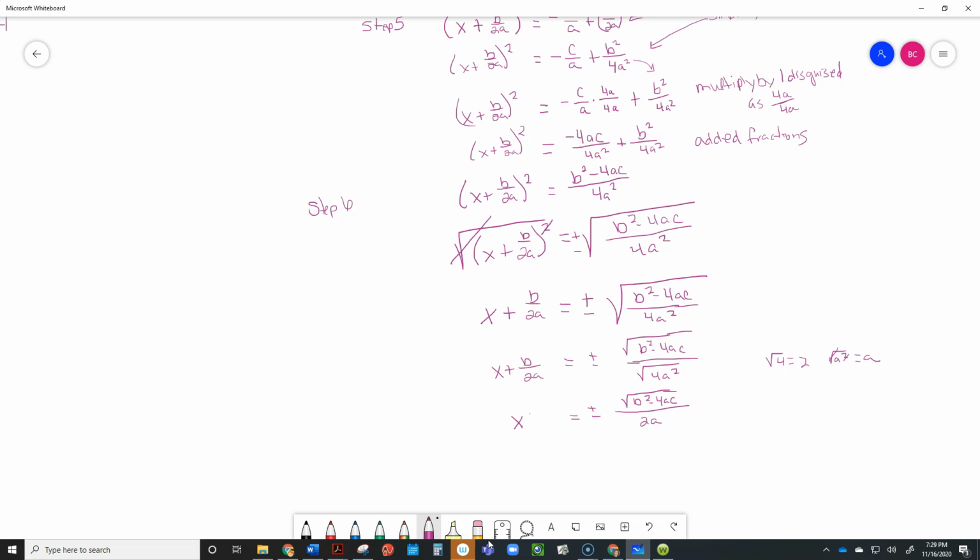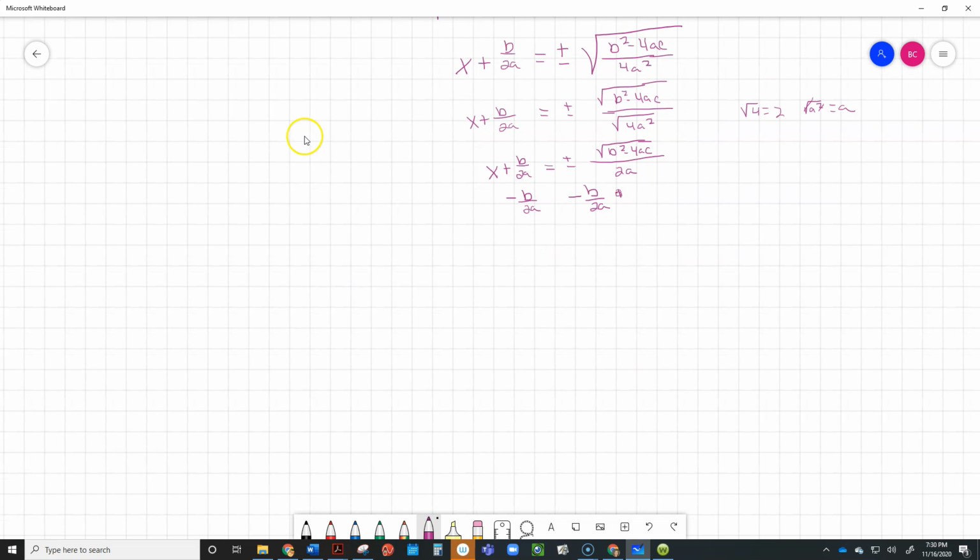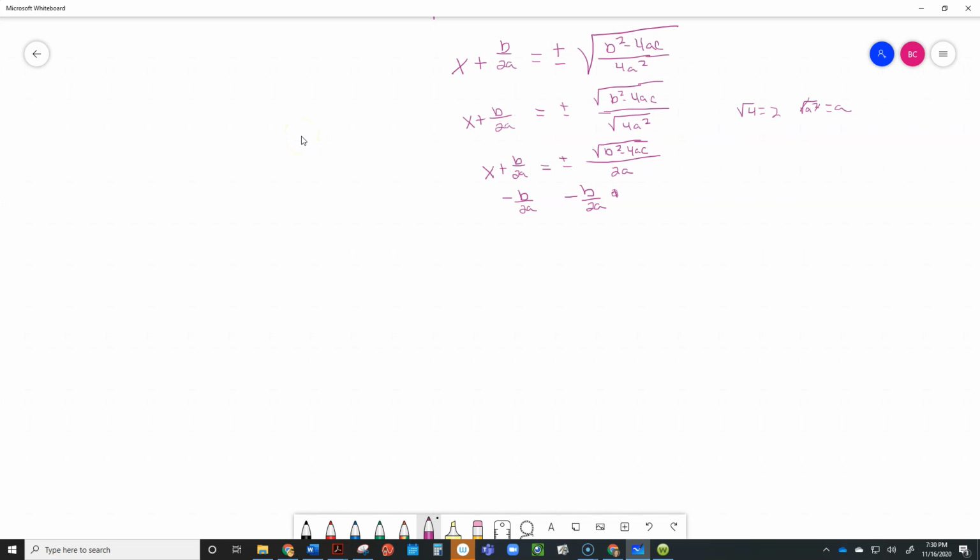All right. Now, back to solve by taking the square root. I've got to get x by itself, okay? So I'm going to subtract b over 2a right here. And this is not something that I can actually combine together. However, do you notice that they do have the same denominator.